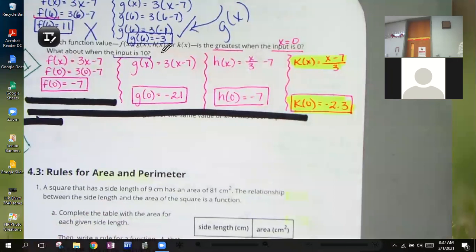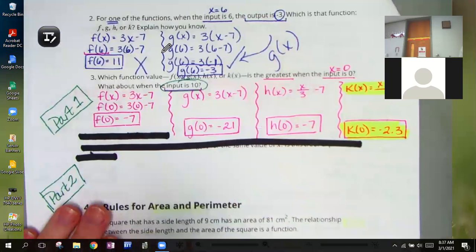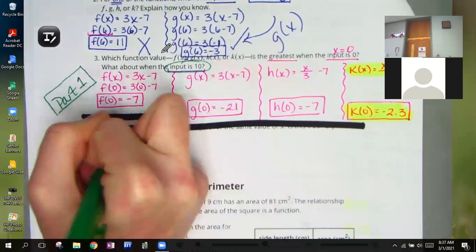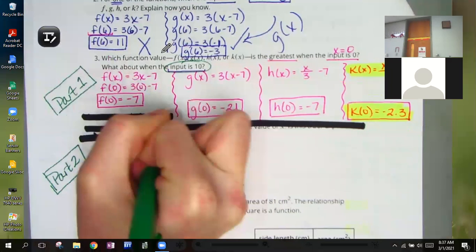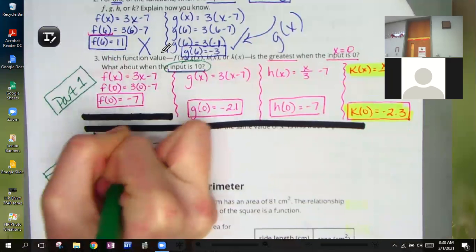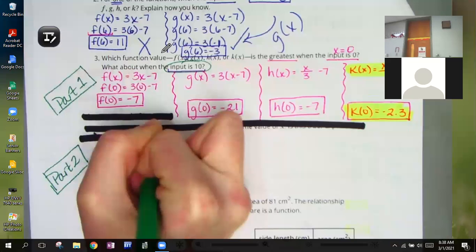All right, part 2 is the exact same thing. The only difference is what? Our input is going to be 10 this time. Okay, so for f of x equals 3x minus 7, you're going to do f of 10 equals 3 times 10 minus 7.